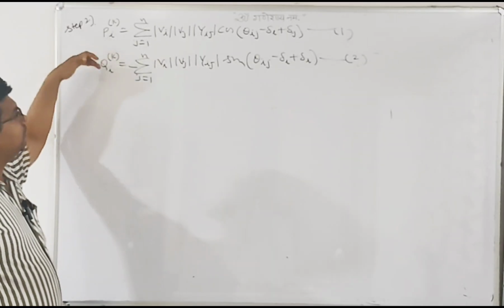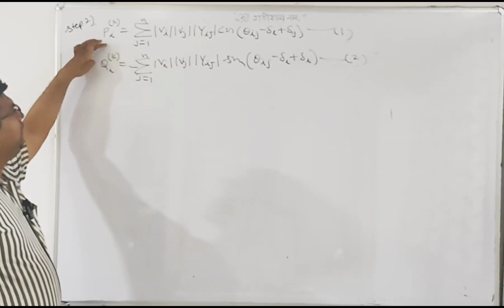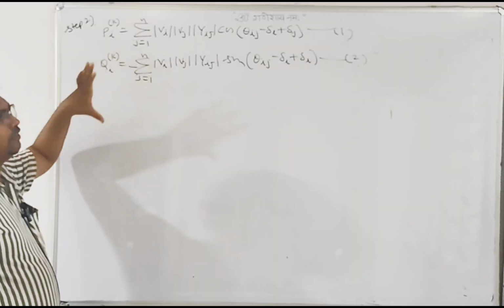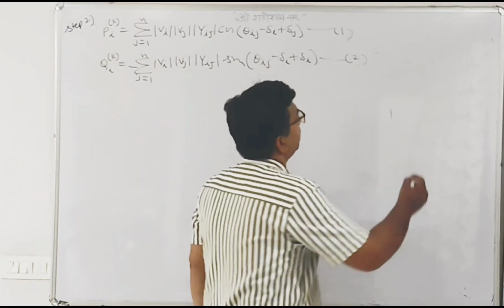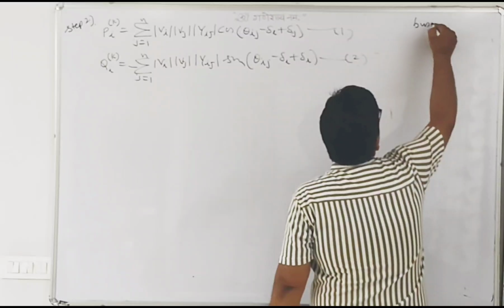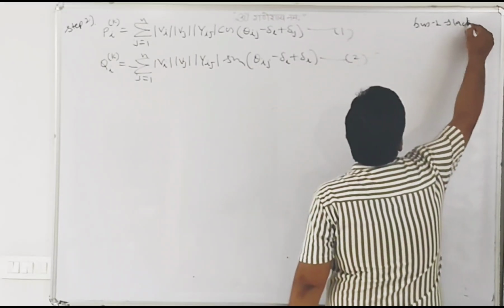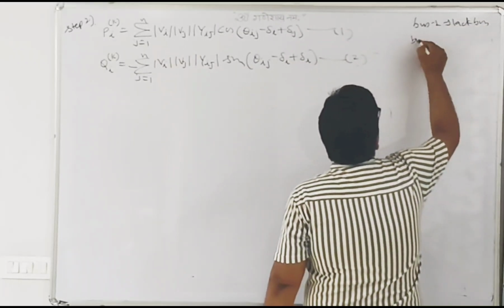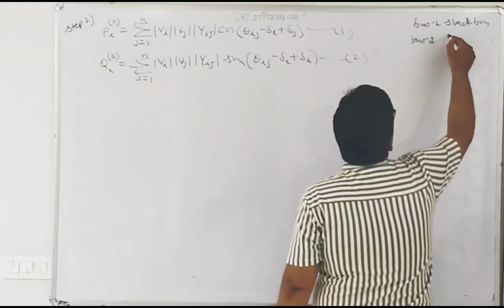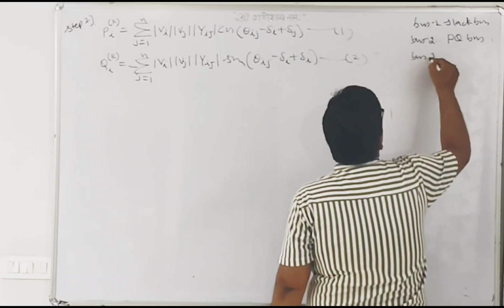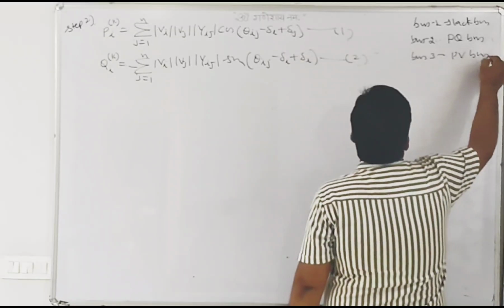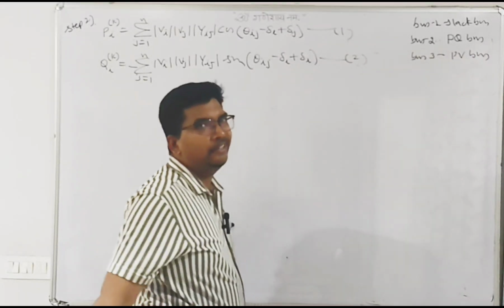So this is the standard formula of Pi and Qi for the kth iteration. Now what is our problem? In our problem, bus 1 is the slack bus. Bus number 2 is our PQ bus, and bus number 3 is our PV bus. That is the same problem we discussed earlier.